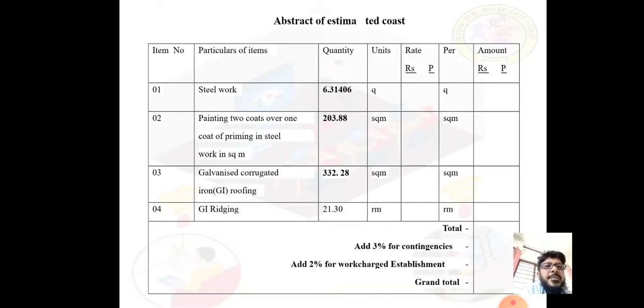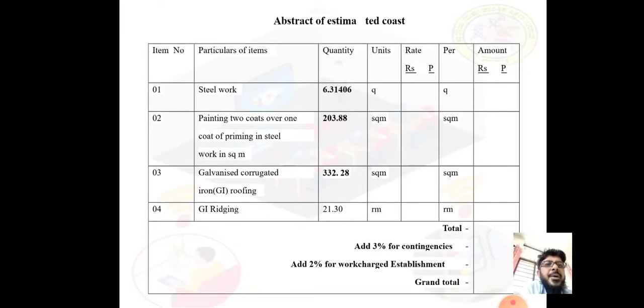Then second item, painting 2 coats over 1 coat of priming in steel work, in square meter. So we have calculated 203.88 square meter of total painting area. Again you have to multiply with its rate per square meter.